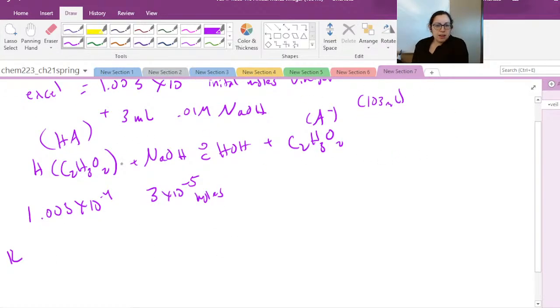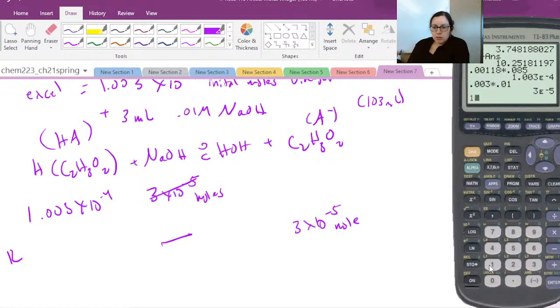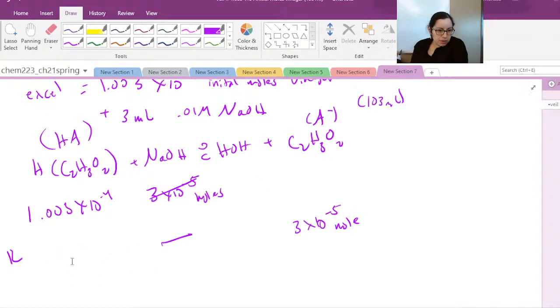So, okay, now this number becomes our conjugate base, 3 times 10 to the negative fourth moles. That obviously goes away, and then I need to do some math. So that leaves us with 7.03 times 10 to the negative fifth moles.